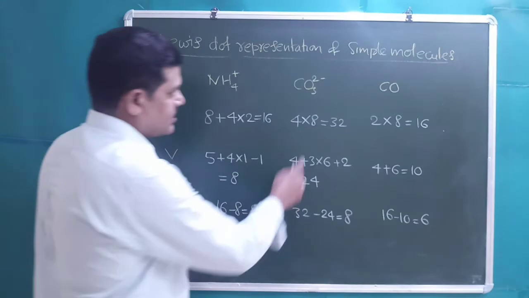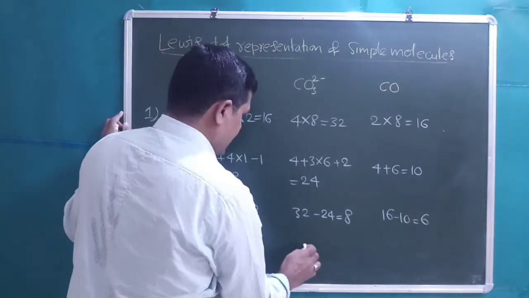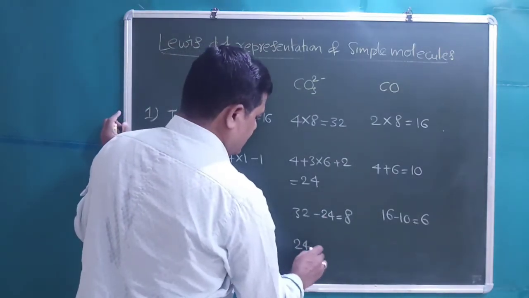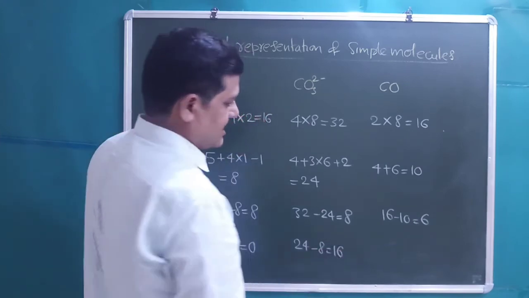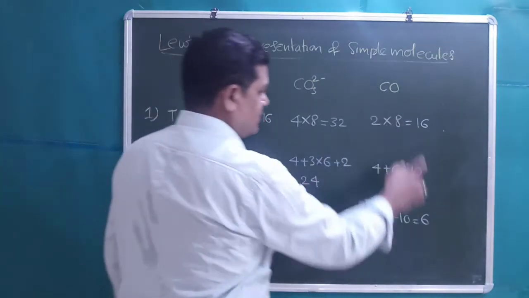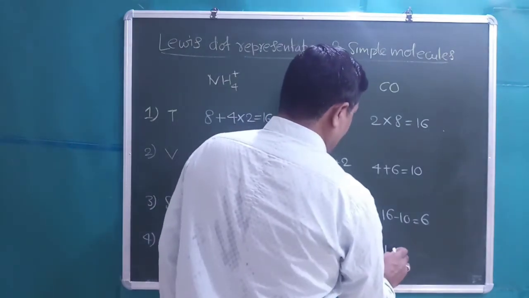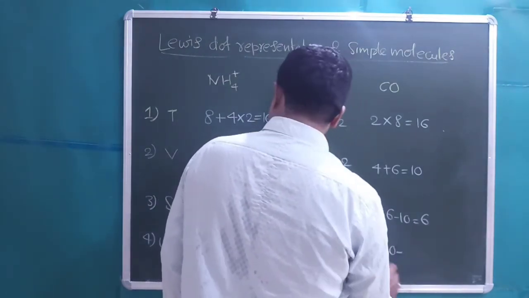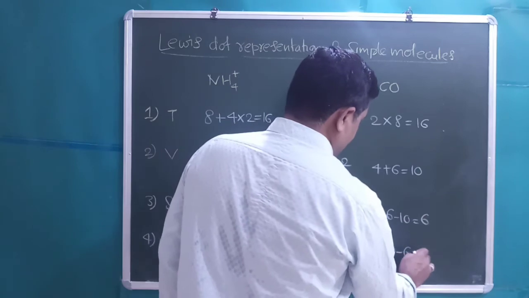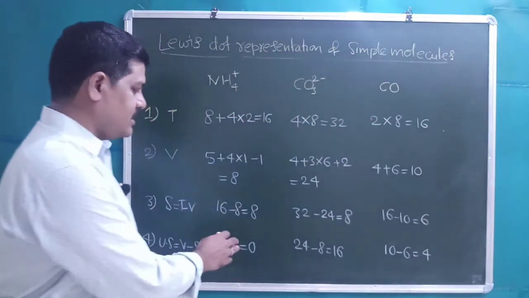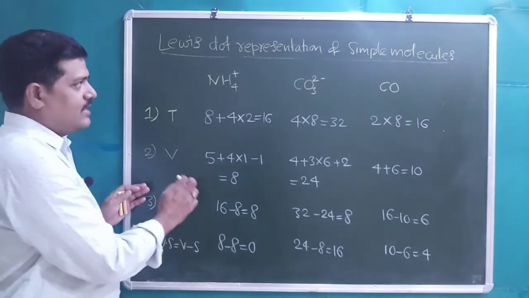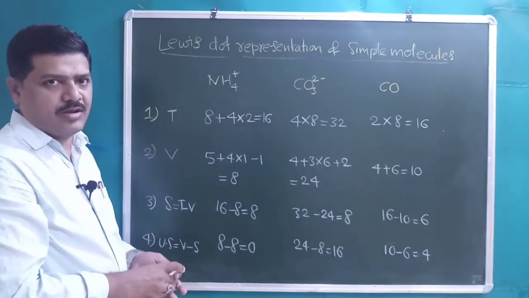For CO3 2 minus, unshared is 24 minus 8, which is 16 unshared electrons. In the CO case, it is 10 minus 6, which is 4 electrons. So by using this data, now let us write the structure of these molecules.